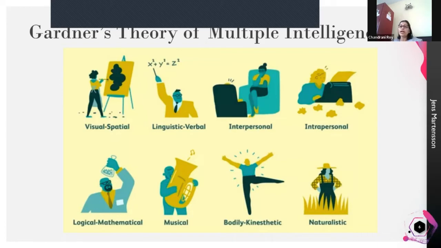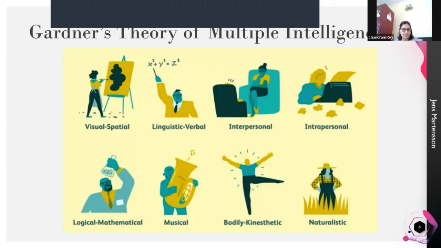Different people show and have different kinds of intelligence, and also they are not born with all the intelligence they will ever have, which means a lot of it can be cultivated. This theory challenged the traditional notion that there is only a single type of intelligence, the cognitive abilities we always focus on.